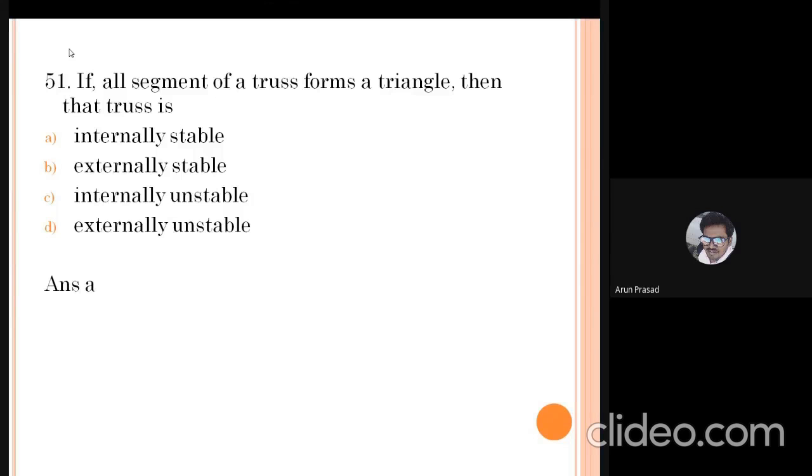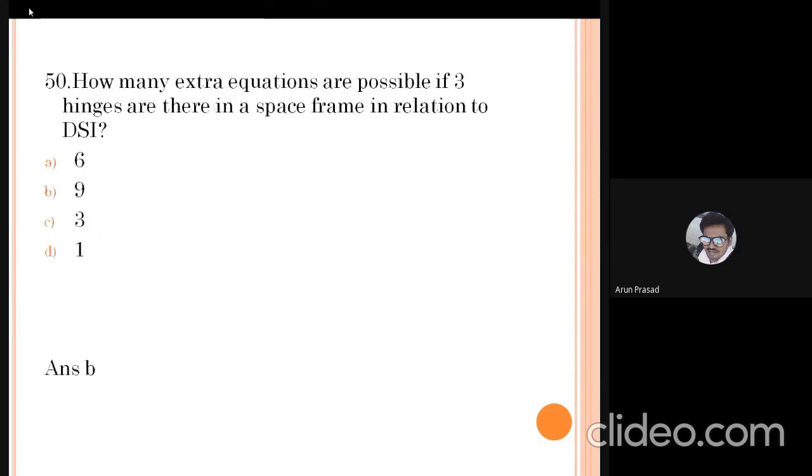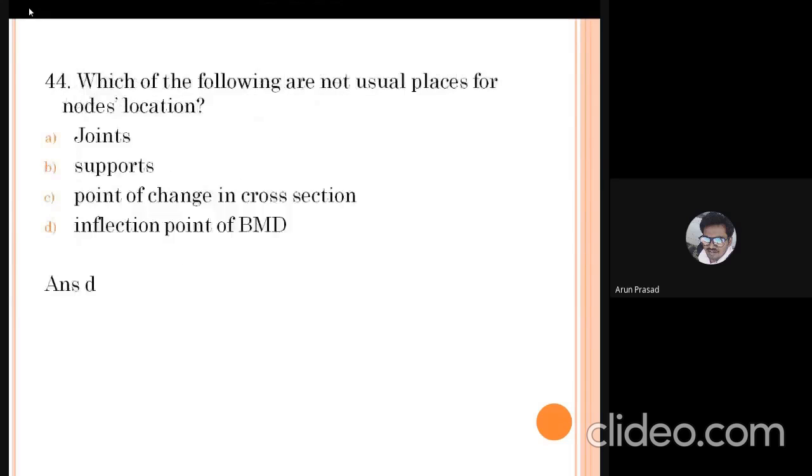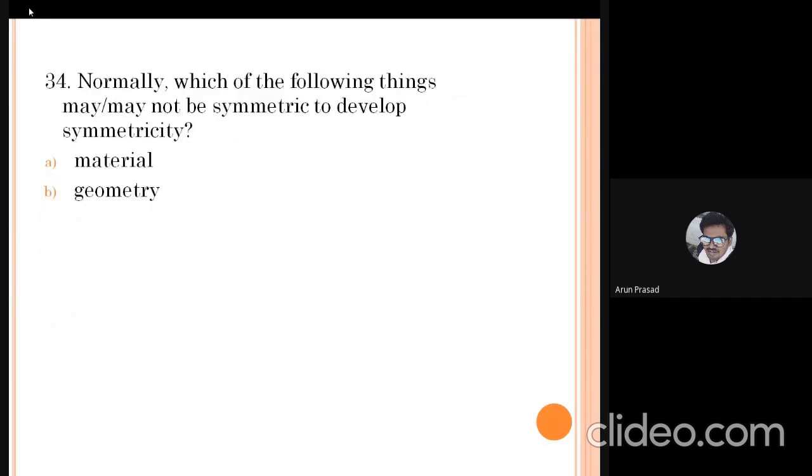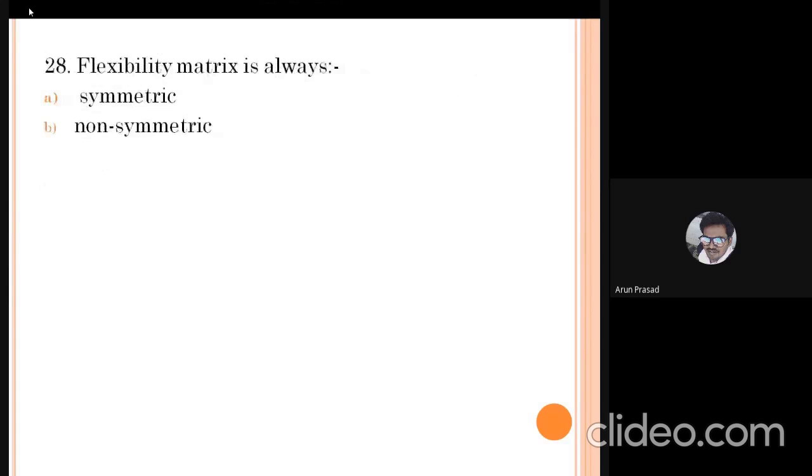Okay. So I hope everyone is clear with these MCQs. We have covered the basics of the flexibility matrix and stiffness method. In the previous class we discussed some basics of structural engineering and some MCQs regarding slope deflection.